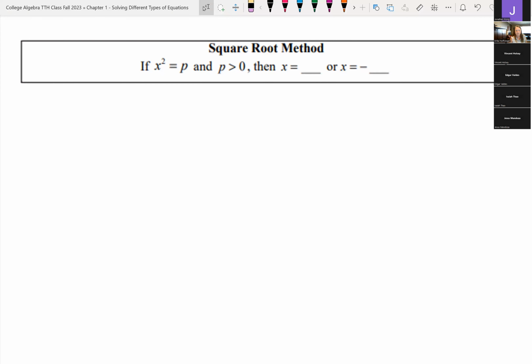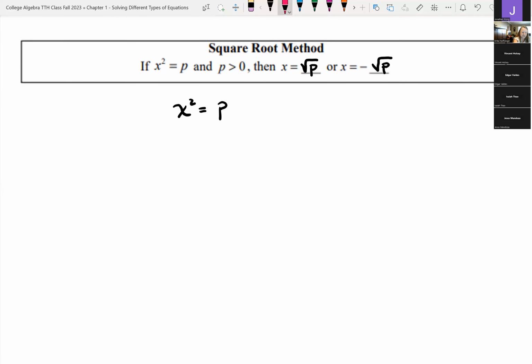So the square root method says if x squared is equal to p, where p has to be greater than 0, then x is going to equal the square root of p, or x is equal to the negative square root of p. So basically, you have x squared equals some value p.